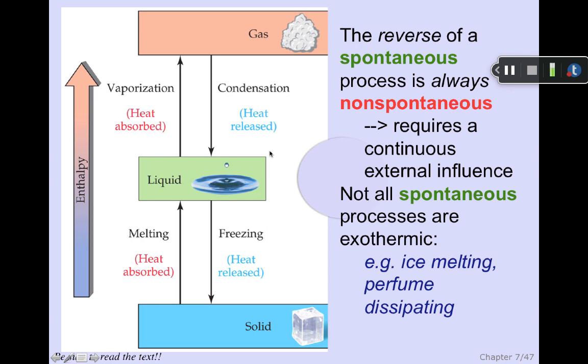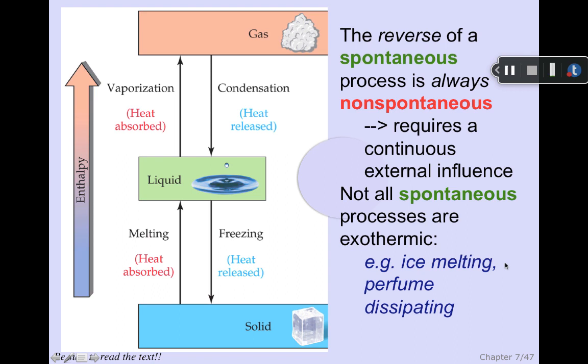So, things to remember. The reverse of a spontaneous process is always non-spontaneous. So if one process has a delta G that's negative, its reverse will be positive. And any process that's non-spontaneous will require a continuous external influence to keep it going. We like to think that spontaneous processes are exothermic. Commonly they are, but not always.